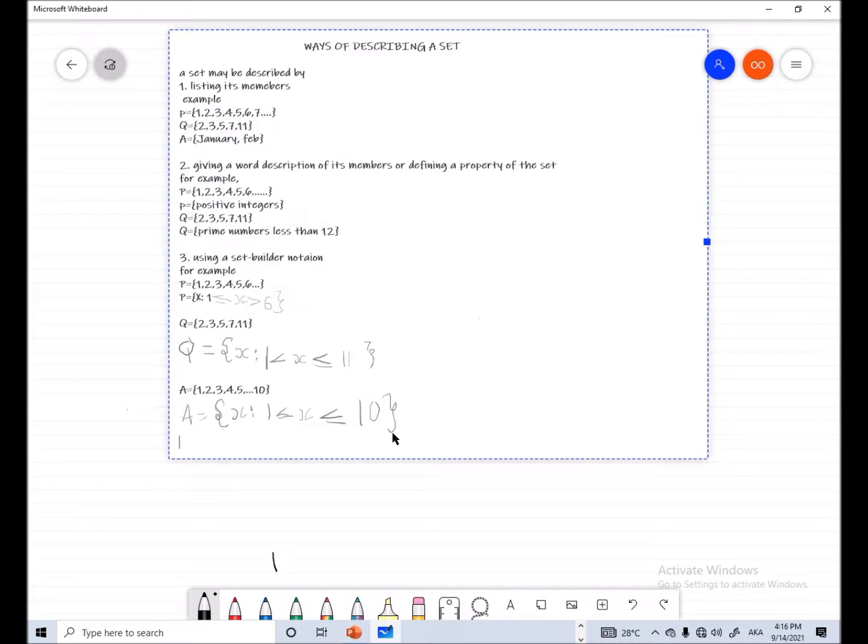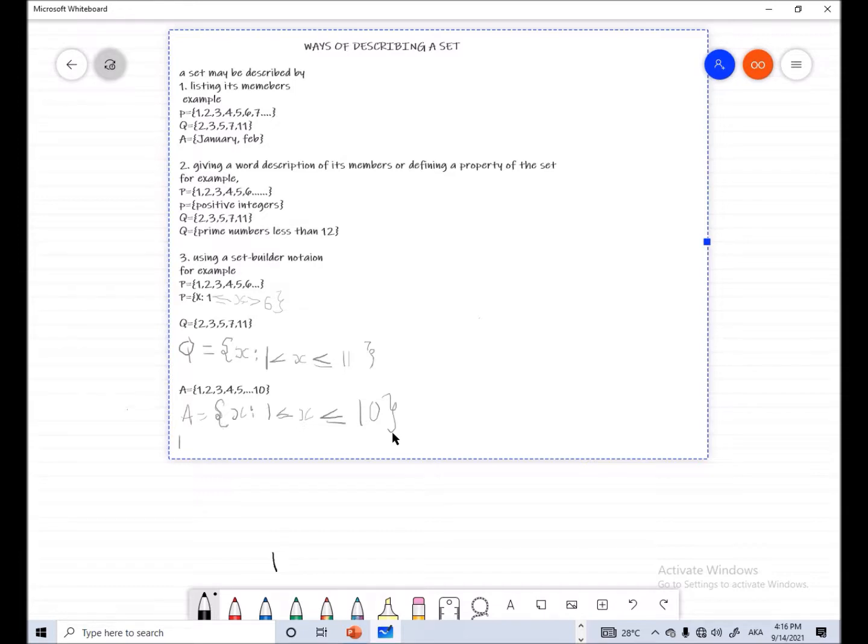Be careful of mistakes if you see less than or equal, greater than or equal. We will come to that.